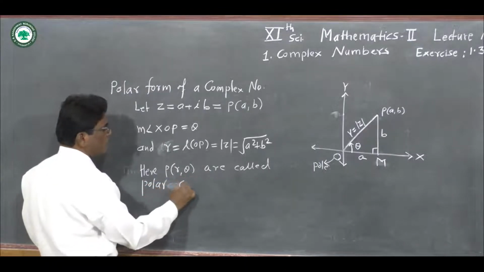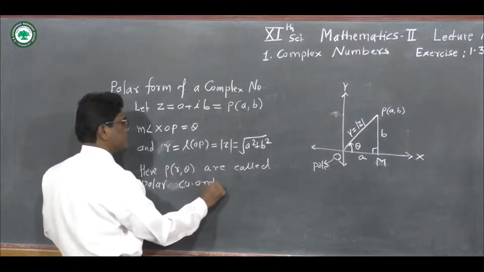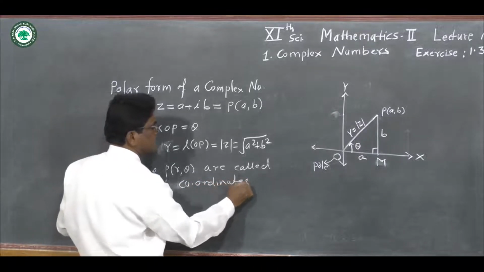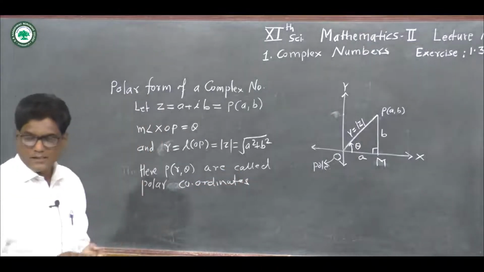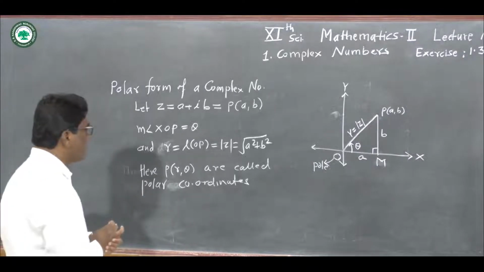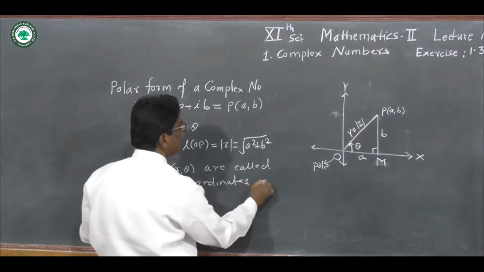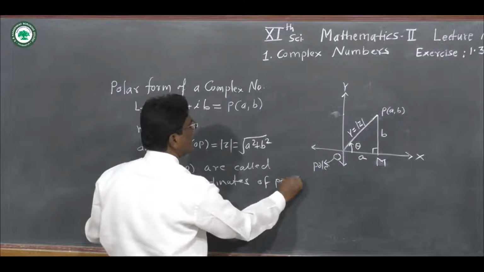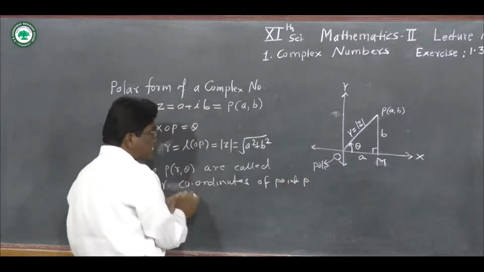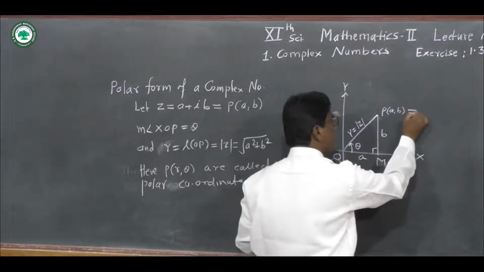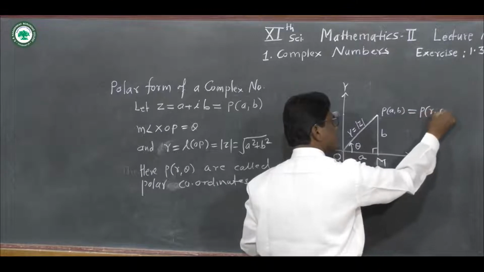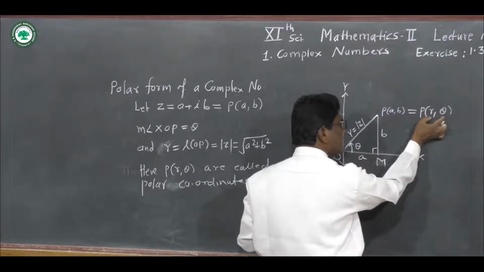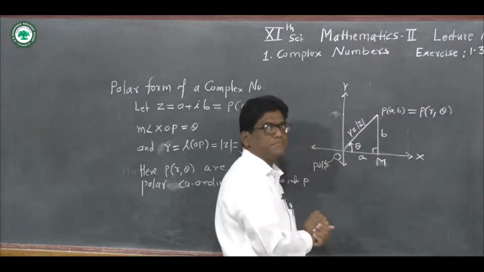This P of R theta is called the polar coordinates of point P. That means, with P of A B and P of R theta, if we know R and theta, we can plot the same point P.